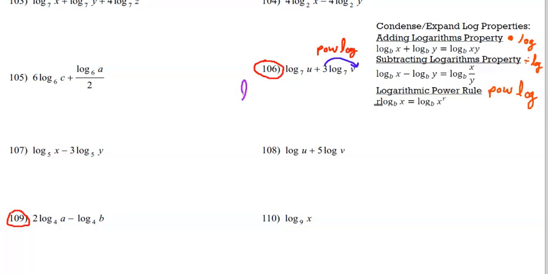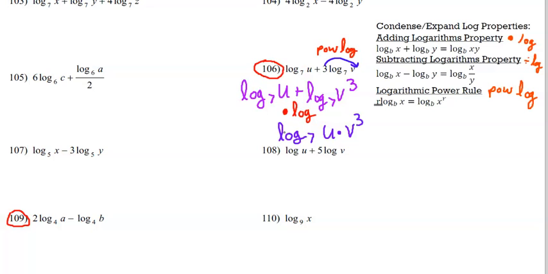So then we have log base 7 of u plus log base 7 of v to the third power. Now we will use the product property. So we'll have u times v cubed. So we have log base 7 of u times v cubed. And that would be our condensed expression.